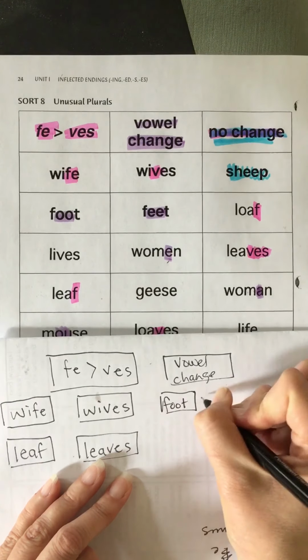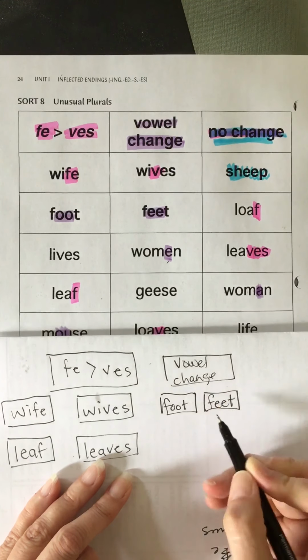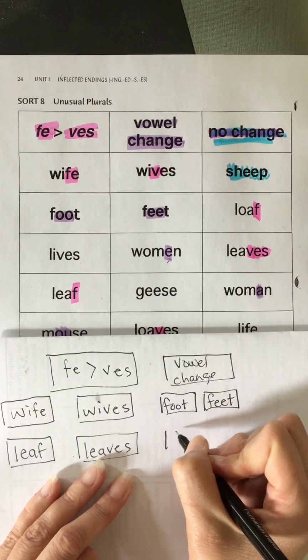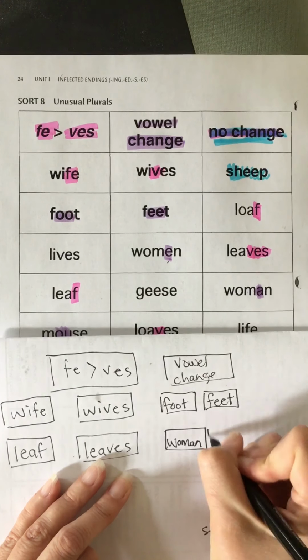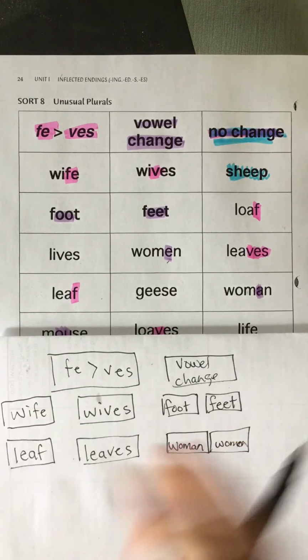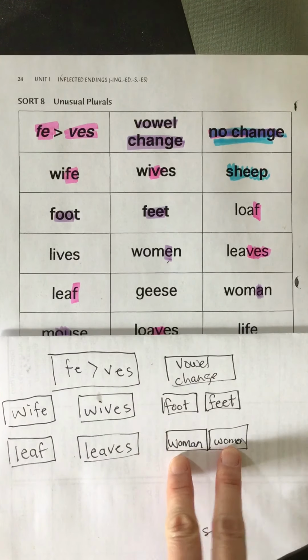So I would write foot, and then right beside it, we see the vowel change where the OO turns to EE. Foot becomes feet. We had another example. Woman, meaning one woman, turned into women. You can see that there are two columns under this category, two columns under this category.